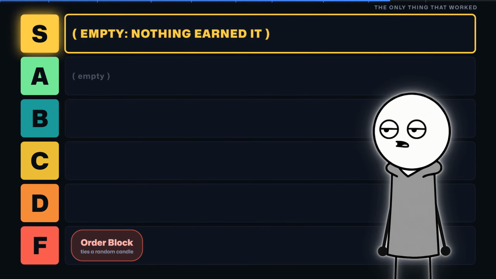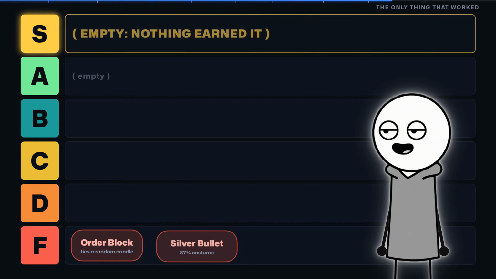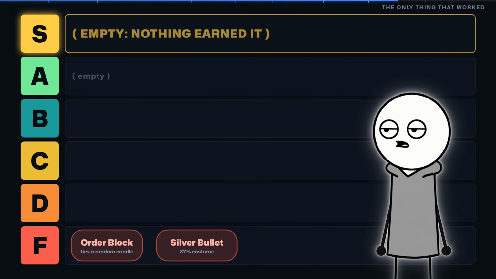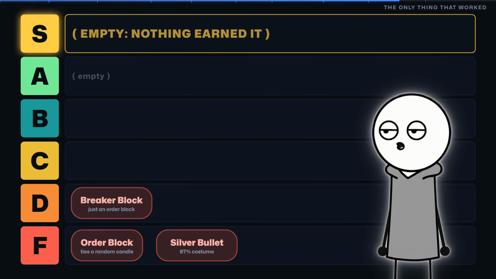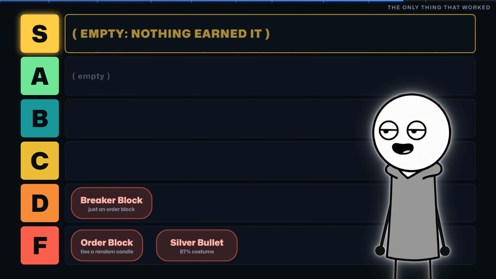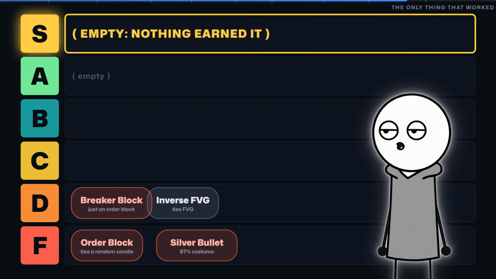Gaps born from displacement held 82% of the time, gaps without it, 75%. And it was not just the gaps. Displacement is the one factor that nudged the order block, the silver bullet, every single setup we have ever tested in the right direction. It is the closest thing to a real edge in all of ICT.